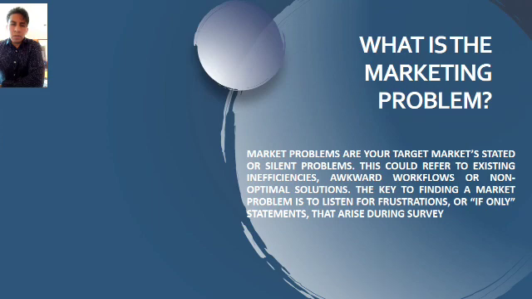Market problems are your target market's silent problems, referring to existing inefficient workflows or optional solutions. The key to finding the market problem is to listen to frustration, or the pain they express during the interview.